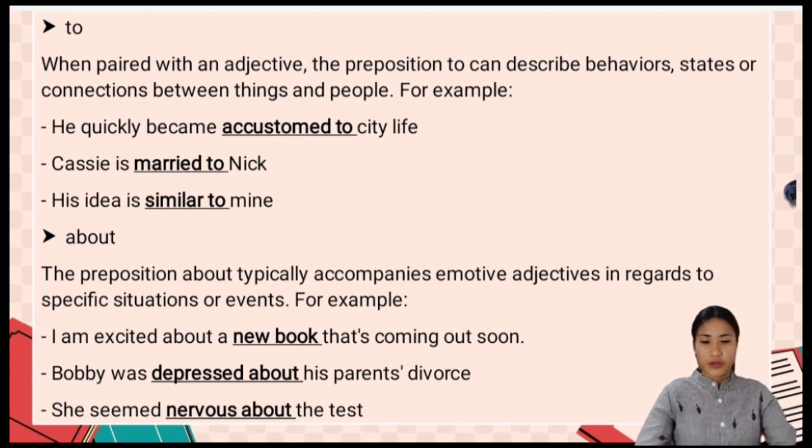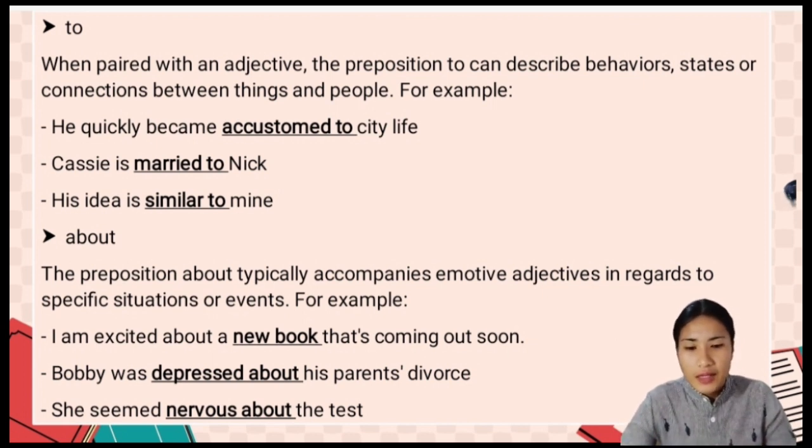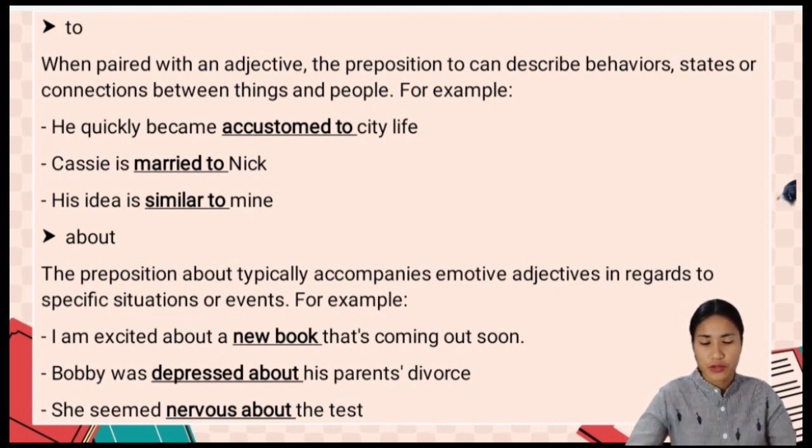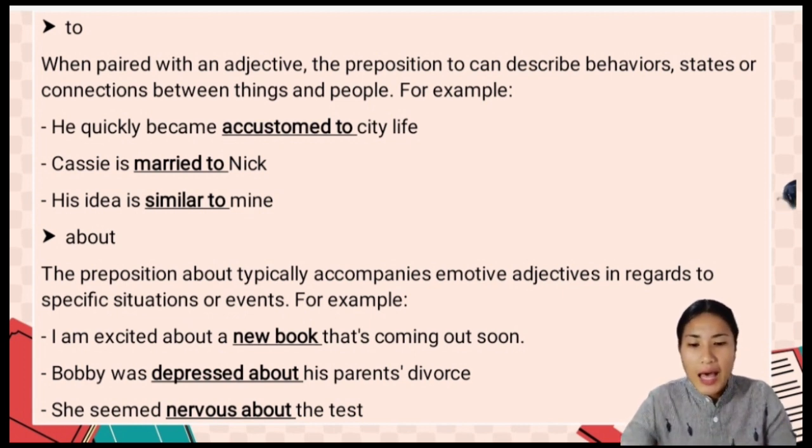Alright, let's continue. Preposition about with adjective. The preposition about typically accompanies emotive adjectives in regards to a specific situation or event. So let's look at the example. I'm excited about a new book that's coming out soon.